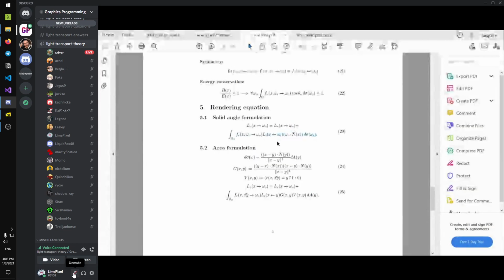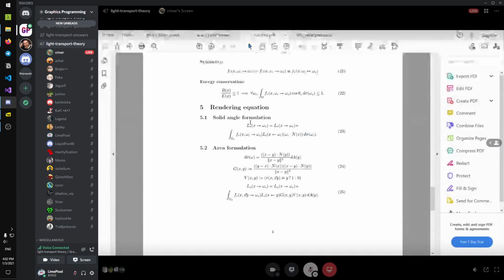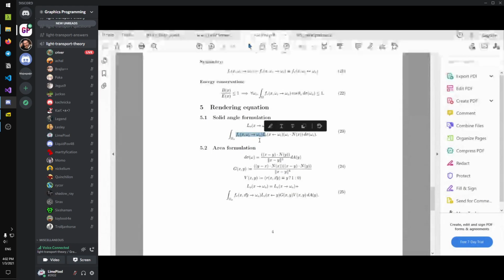So this is your rendering equation, which says, okay, the outgoing light from x in direction omega o is equal to the emitted light plus the reflected light. So you consider all possible directions, you have some light falling, then you multiply by the BRDF and you say, okay, how much light leaves in this specific direction I care about? And you have the cosine, obviously, because of Lambert's law.